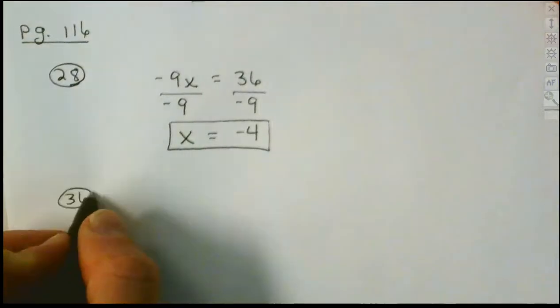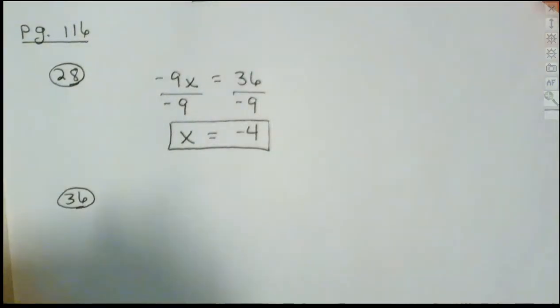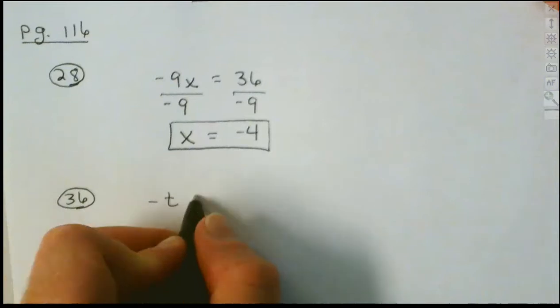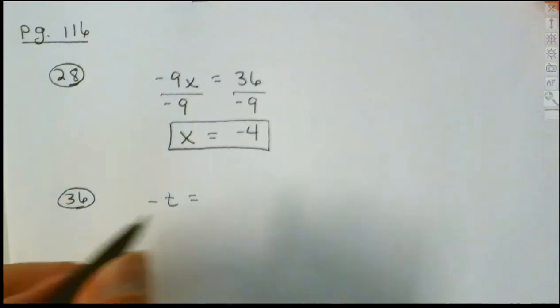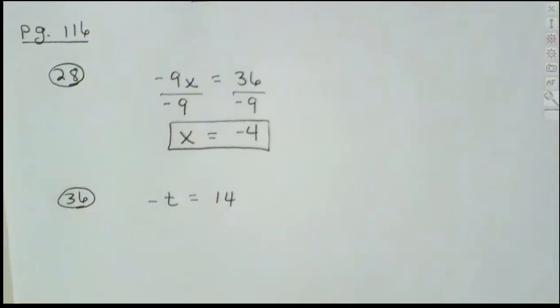What about if there's no number in front? Just a negative. Question 36. Negative t equals 14. Okay? We don't want a negative t, we want it to be positive. It has to be the variable by itself on the left with no number or negative symbol with it. So we need to get rid of that negative.